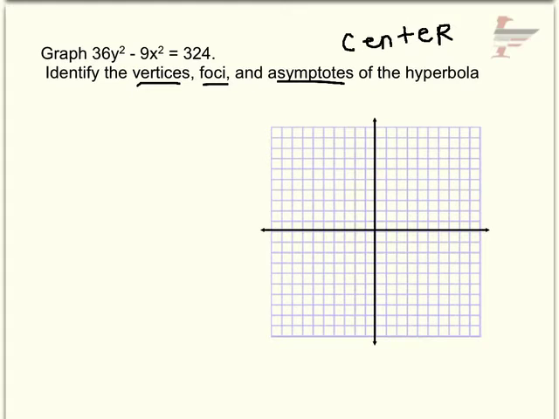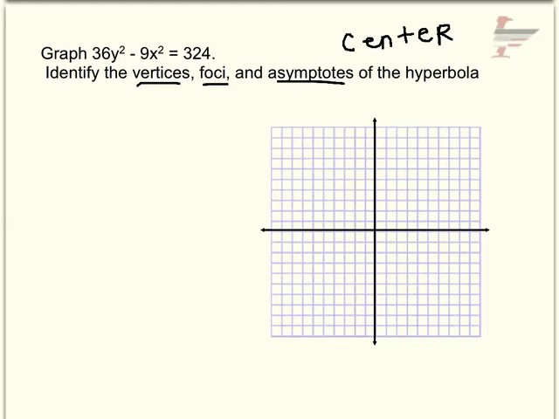If you recall from the intro video, the formula for a hyperbola, I'm going to point out a couple things. x and y should both be squared. It's always the difference between them. And it should always equal 1. So there's our red flag: it obviously does not equal 1.